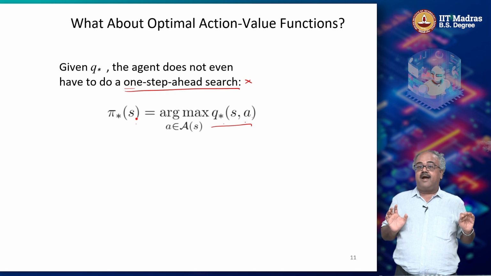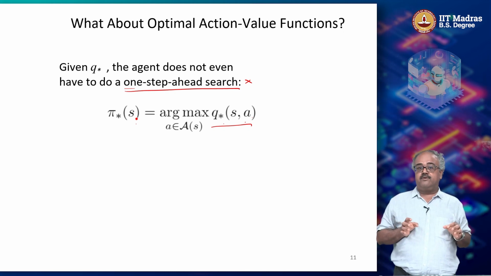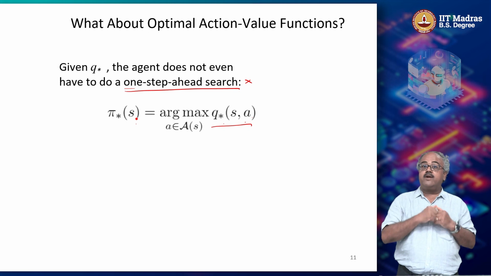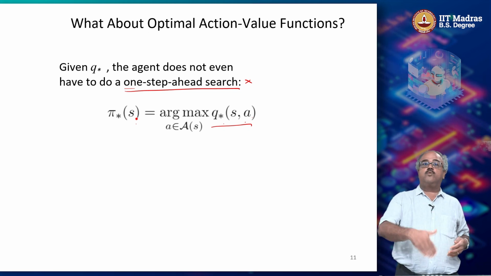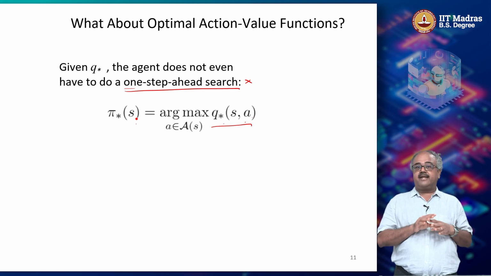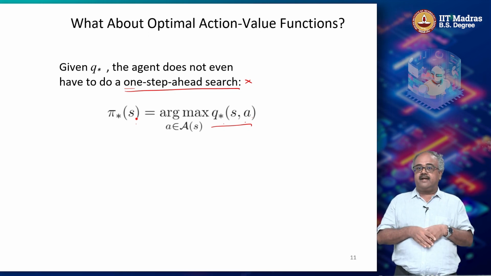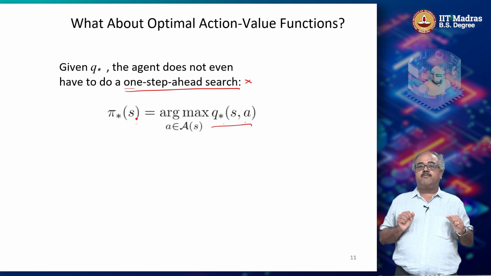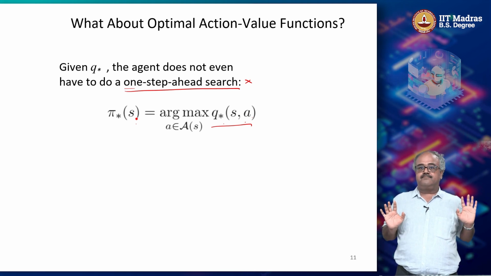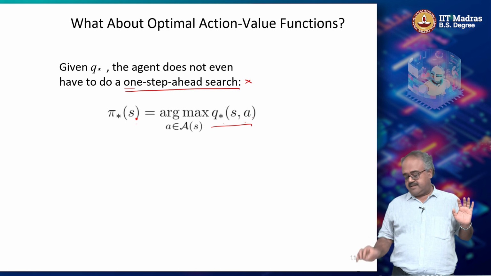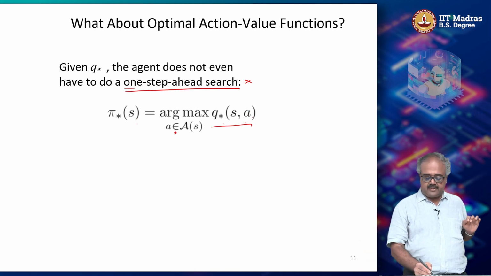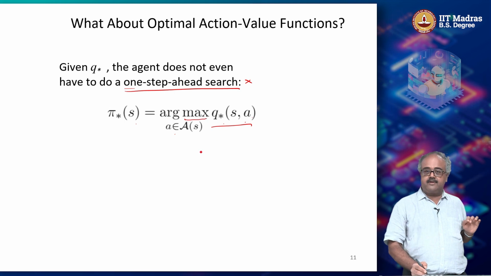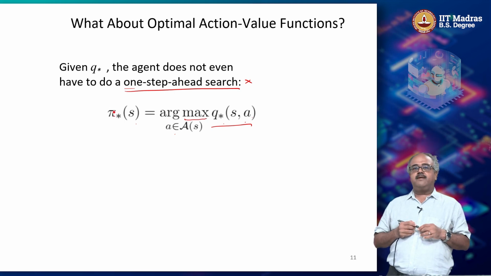Once you have it, I don't even have to do a look ahead on the next state. I can just look at the Q values in the current state, pick the action with the maximum Q value and I am set. Make sense? Take the action with the maximum Q value as my policy pi star.